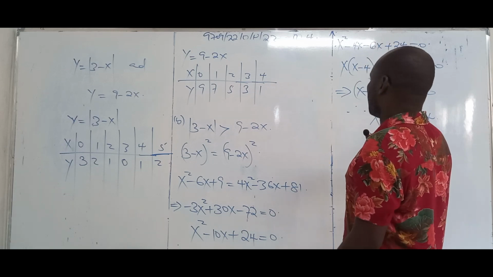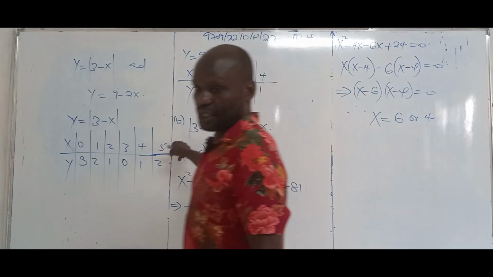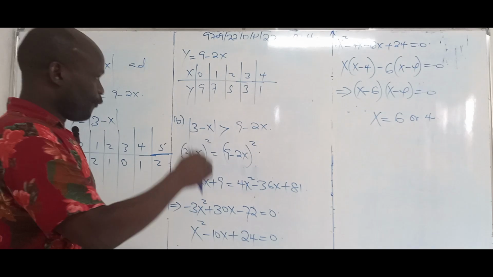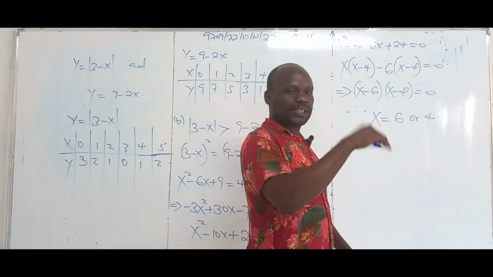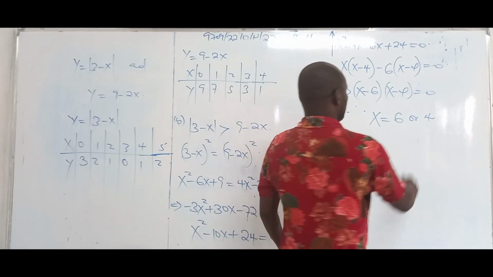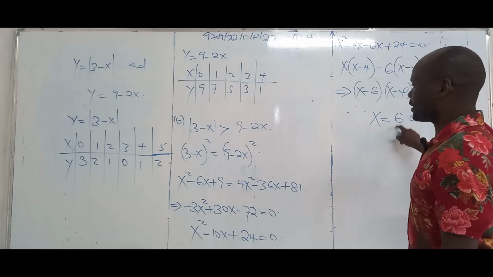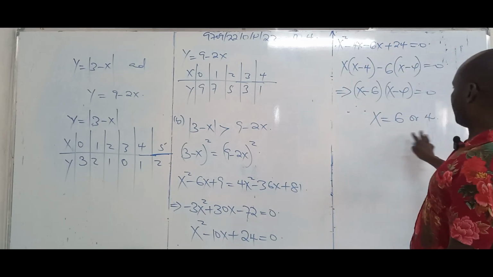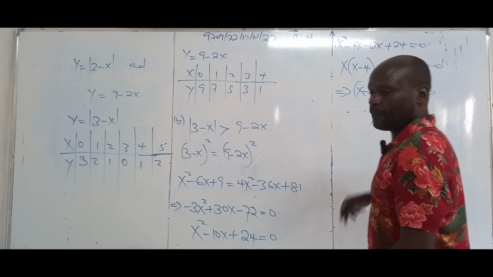Up to that point, we have given a solution to part B. So it is 6 or 4, but we have not decided yet. We'll decide by the time we look at the graph. Up to here, let's leave it hanging. We are saying it's 6 or 4.